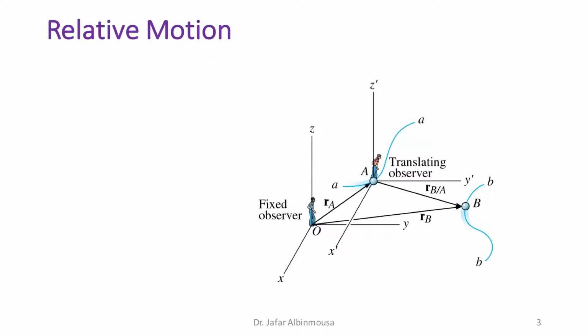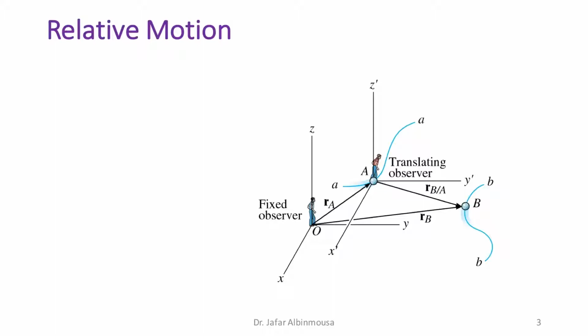Now, if this observer shoots an arrow, a position vector, toward B to measure its position, then that arrow has to depend on the position of A, because after 1 second, position A will change, after another second will change. So at every moment, the position of B has to be measured relative to the position of A, and this is why the position vector is written in a relative form.